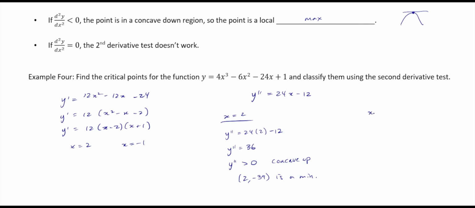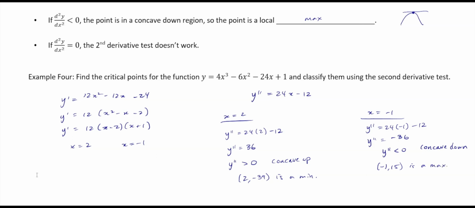When x is equal to -1, I'm going to sub that in right there. y double prime is 24 times -1 minus 12. I get -36, so y double prime is less than 0, which means it's concave down. If it's concave down, that means (-1, 15) is a maximum, right?